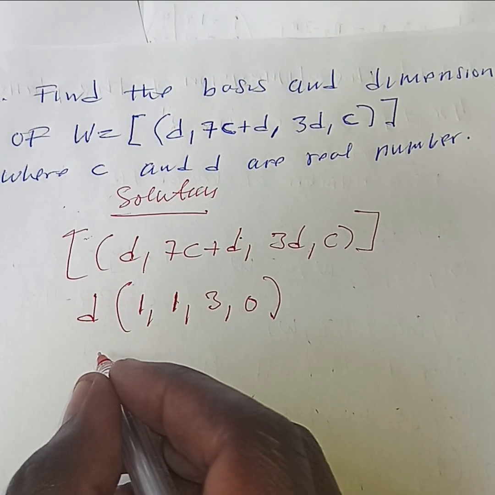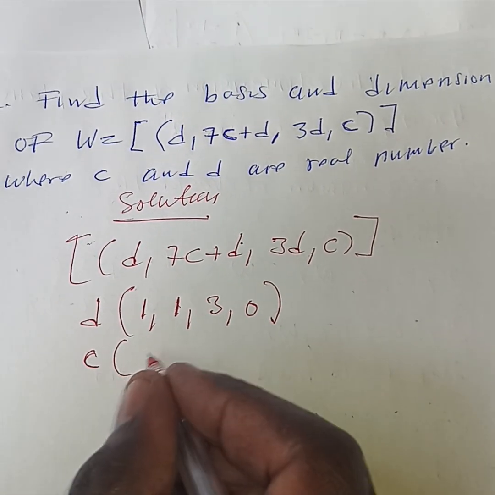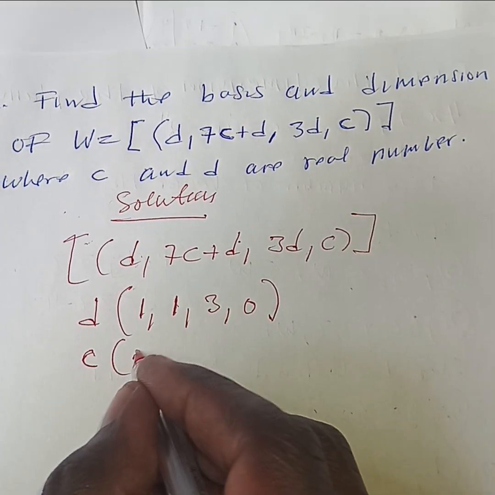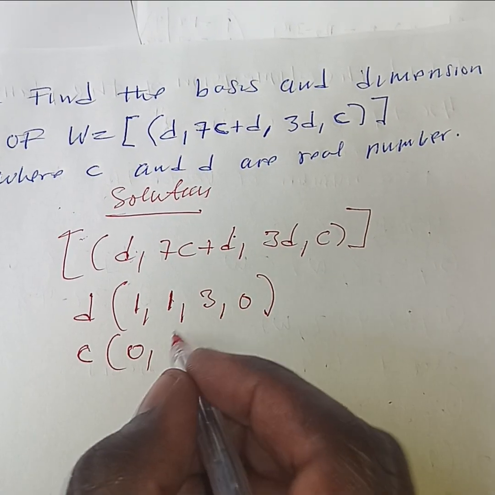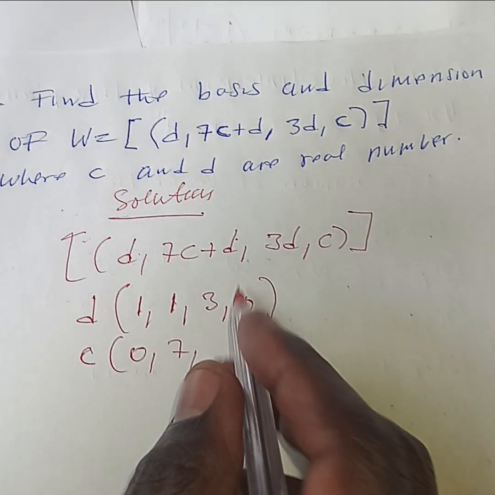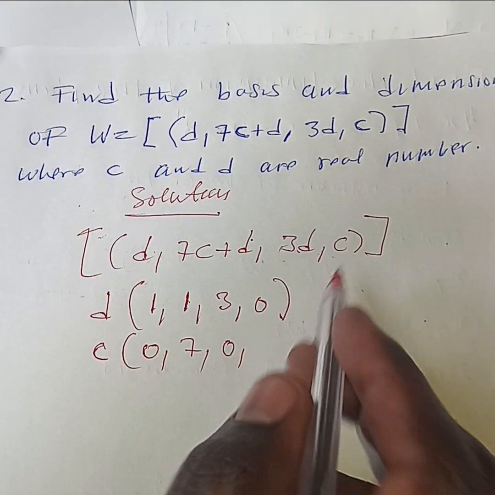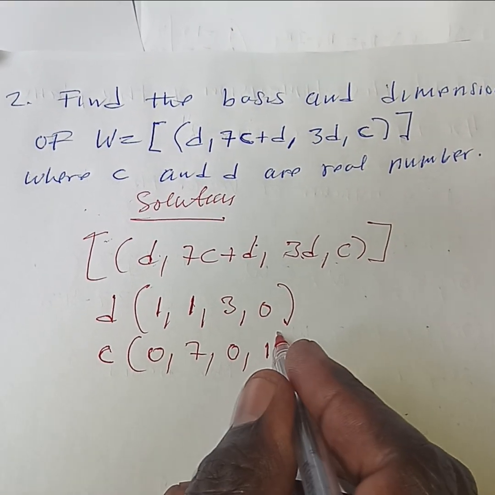Second, we factorize C: it gives 0, 7, 0, 1.